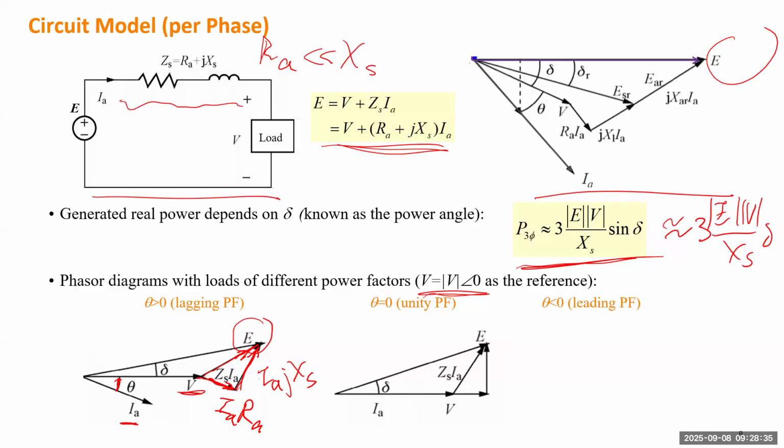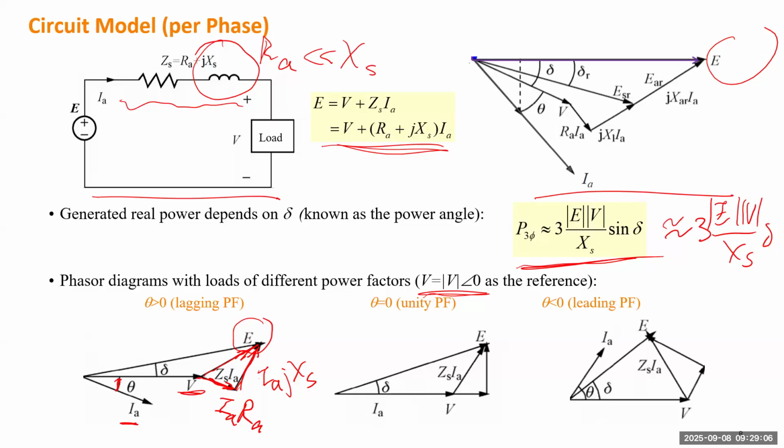It doesn't behave as either a reactive source or load to the external system, but unfortunately the generator itself has some reactive load due to this inductance. So it still needs to provide some reactive power just for this reactance. That will create this triangle and make E slightly longer than V.